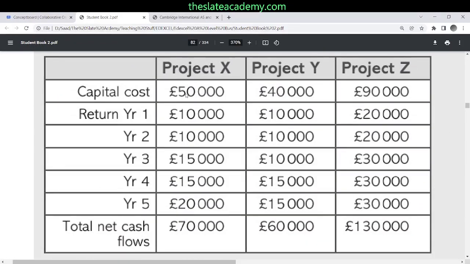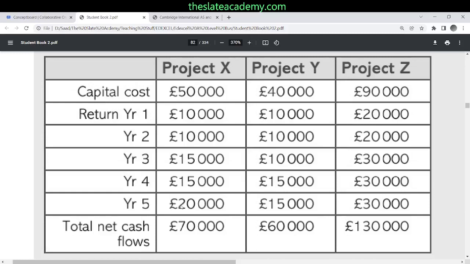So this is an outflow, this is negative. Then for the next 5 years, it generated these cash inflows. So negative 50 plus 10 plus 10 plus 15 plus 15 plus 20, you get positive 20. That is your net return from this project.